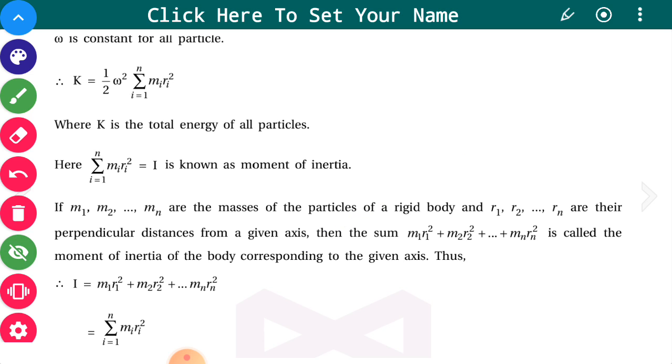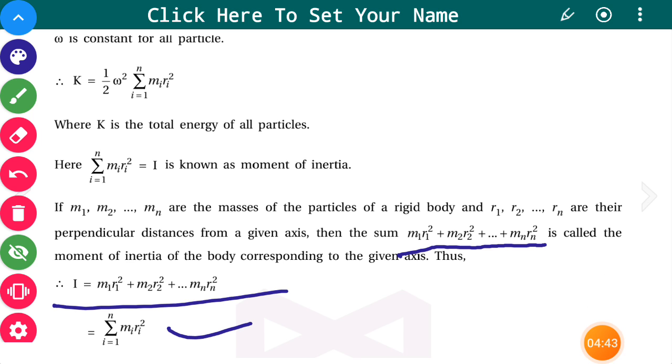This summation is called the moment of inertia.